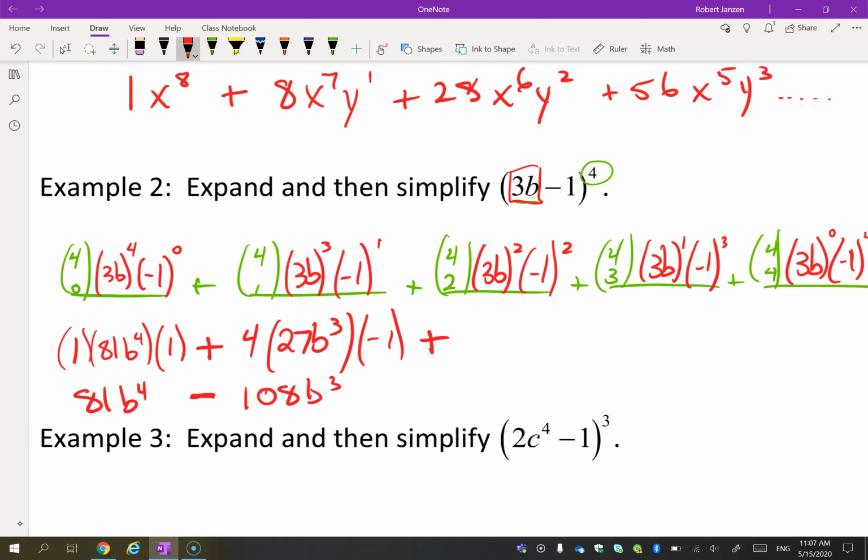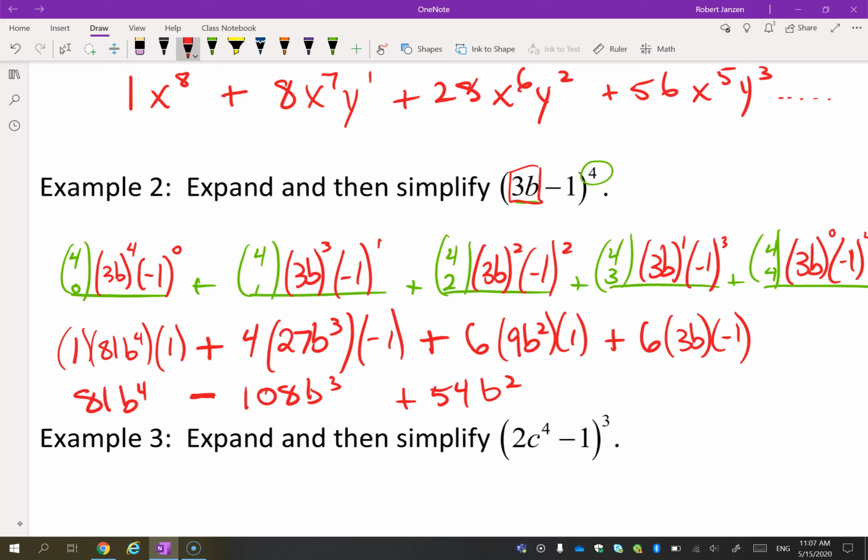Then let's go plus 4 choose 2, 6. 9b squared, 1. So this is 54b squared plus 4 choose 3, 4 times 3b times negative 1.